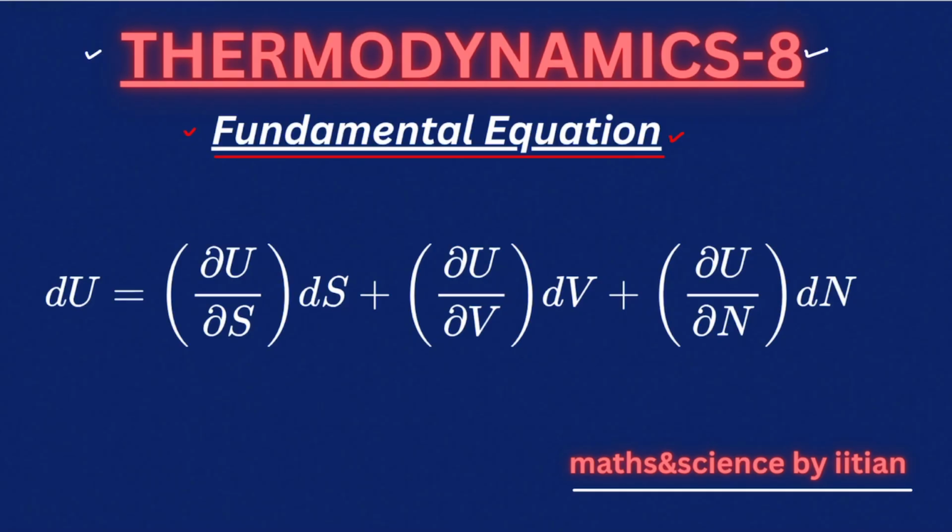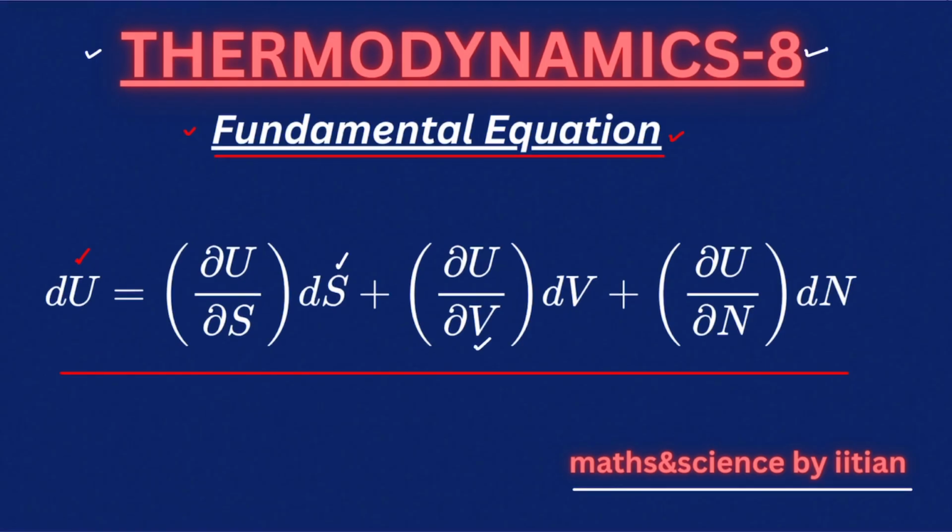Here, this fundamental equation of thermodynamics is written in the form of the state functions, where U is the internal energy, S is the entropy, V is the volume, and N is the number of particles.